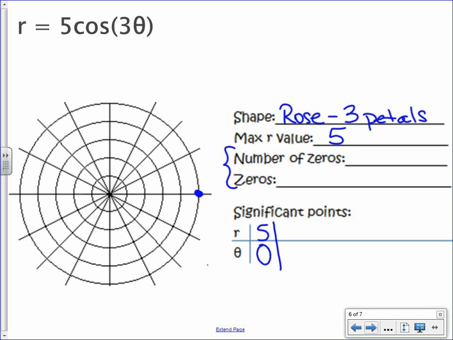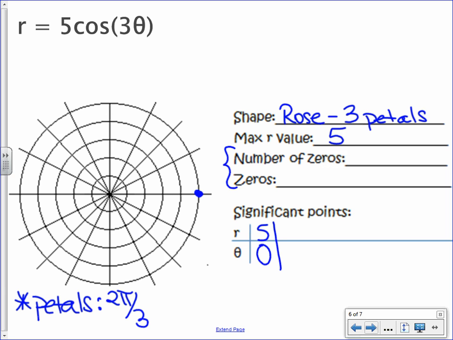Now, you graphed a bunch of these yesterday. Are our petals evenly spaced? They are. So we have 3 petals that need to fit in this 2 pi rotation. How far apart do our petals need to be? Exactly. They need to fit in this 2 pi rotation, and there are 3 of them.